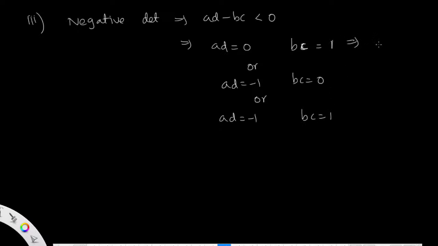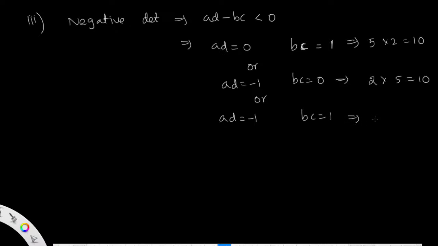So from these cases, AD equal to 0, just now we have completed. AD 0 means how many cases we got? Generally 5. If it is BC equal to 1, we can get only if A equal to 1, B equal to 1, C equal to 1, or B equal to minus 1, A equal to minus 1 and D equal to minus 1. So 5 into 2 cases, that is totally 10 cases we can get. And for AD equal to minus 1, just now we have completed, 2 ways will come. 2 into BC equal to 0 means 5, that is 10 ways.